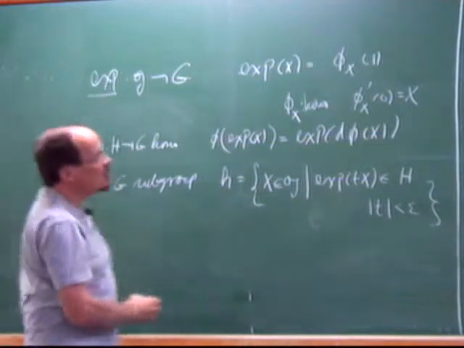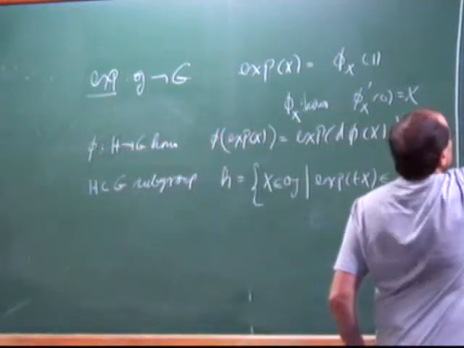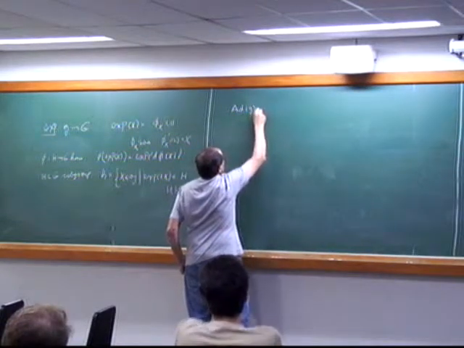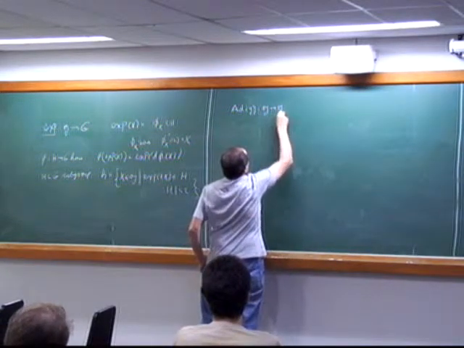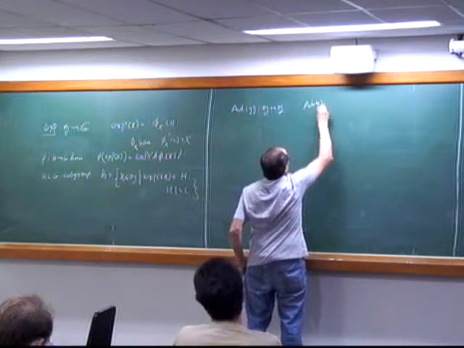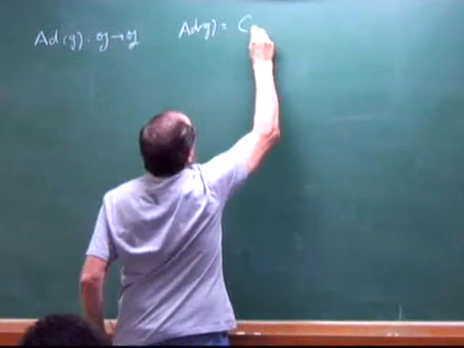And the other important concept was the adjoint, which was given by the derivative of the homomorphism, which is conjugation.